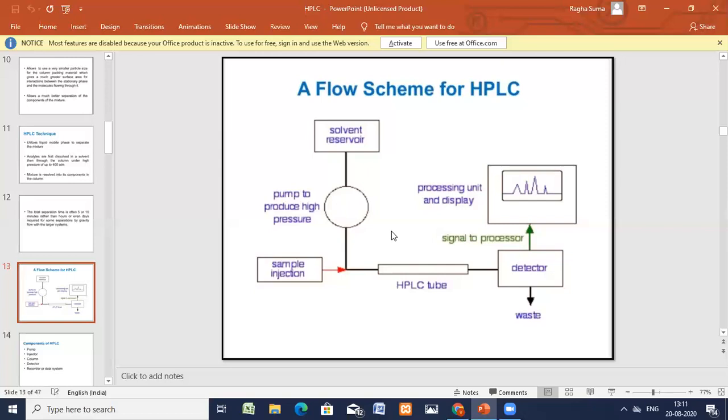These all come under the different types of liquid column chromatography. I'm repeating once again: this technique is extended to all separation systems employed in the different types of liquid column chromatography methods, such as adsorption, partition, ion exchange, and gel exclusion. So high pressure liquid chromatography or high performance liquid chromatography can be done. Now we'll see the instrumentation in detail.